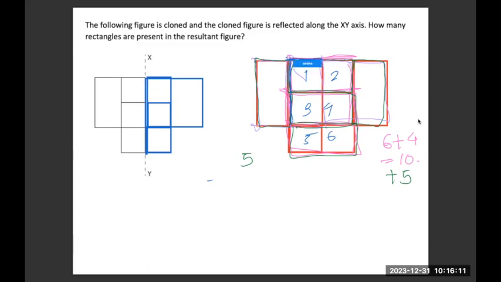Okay, let me do it here. No, let me do it here. 1, 2, 3, 4, and then overall 5, and then overall 6. Okay, 6 of these.